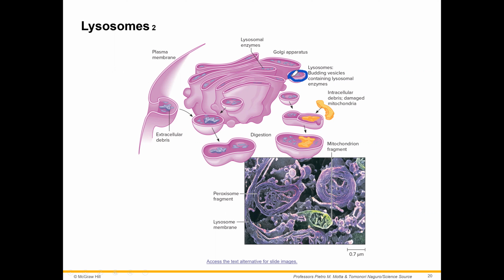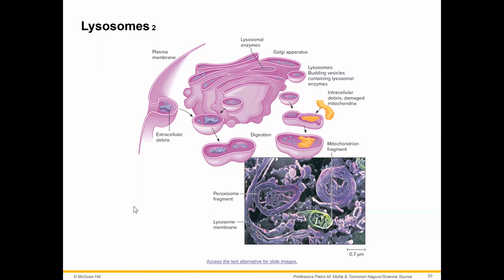So here the lysosome is synthesized, right? The lysosome fuses with the vesicle, and we pretty much digest this extracellular debris, or if it's its own organelle, for example mitochondria, we can break down mitochondria as well.